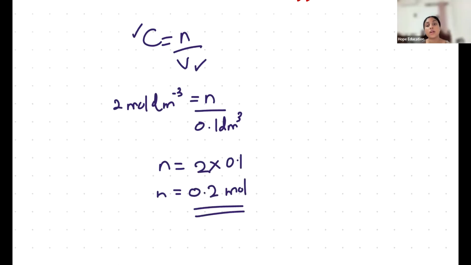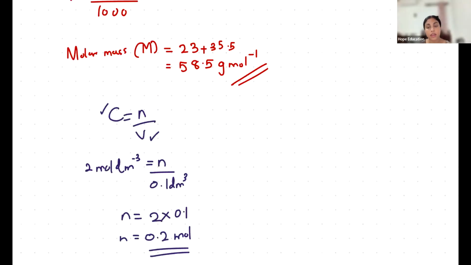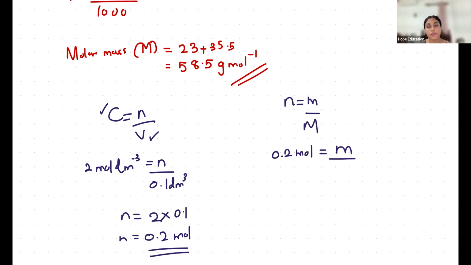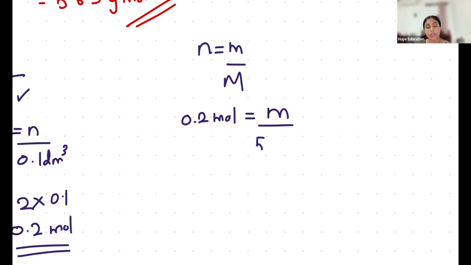Now I use n equals m over M. Why? Because now I already have the number of moles, which is 0.2 moles. Mass is what they're asking us to find, and the molar mass I already calculated, 58.5 grams per mole.